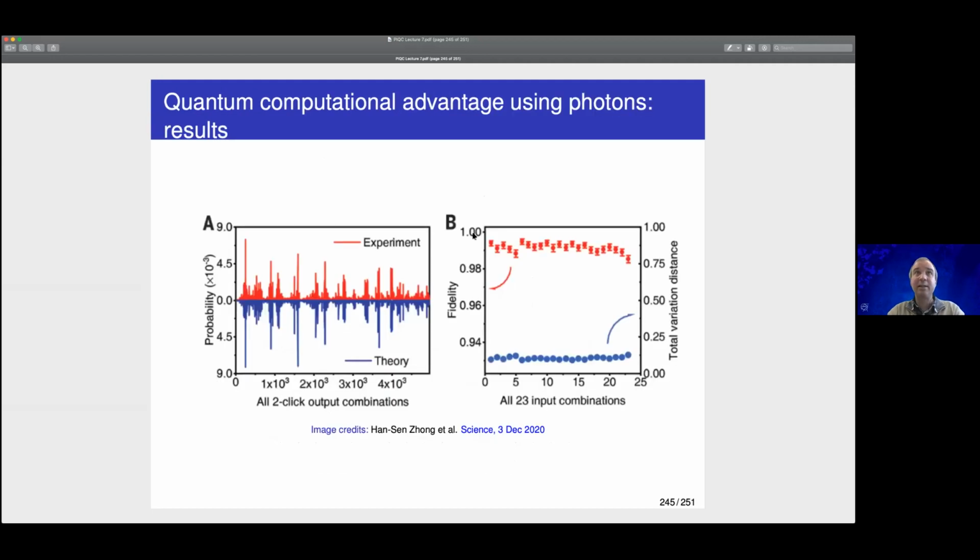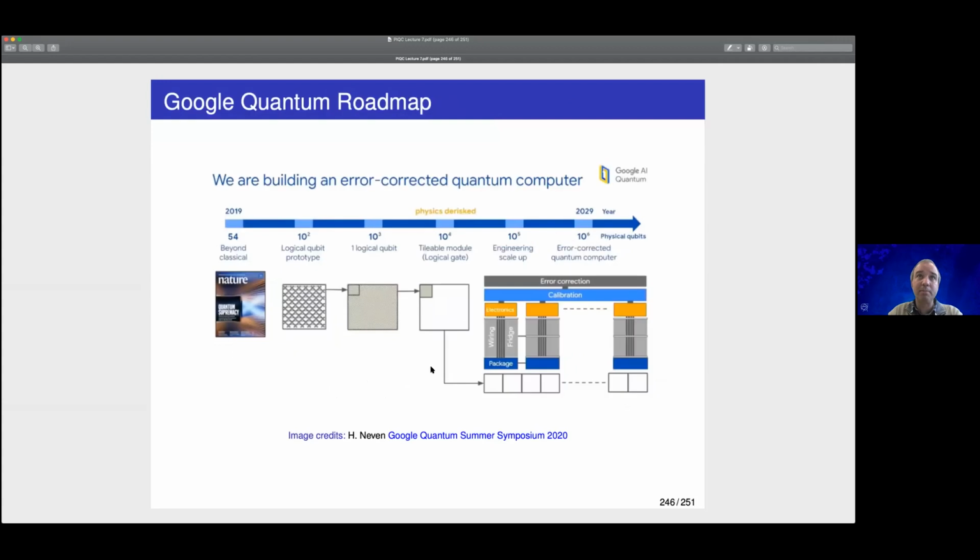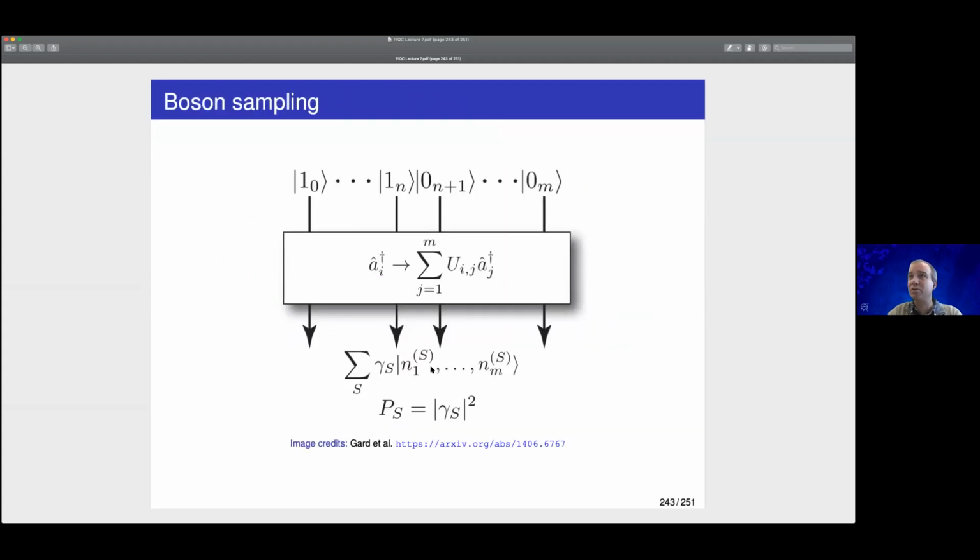Okay, so this is exactly what these researchers did, which was to sample these distributions with an implementation of a random network of these photonic devices, and they showed that their results were close to the theoretical distribution. Okay, the problem here is that they didn't use this boson sampling directly, but they used a different version in which the input is not of this kind, but is called a squeezed state.